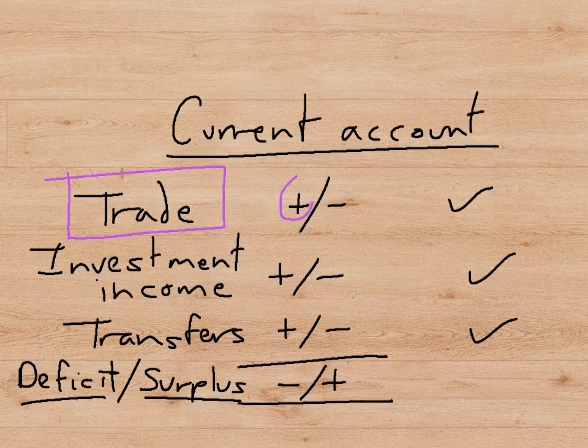If the trade is plus, then the overall current account is almost certainly going to be plus. If the trade is minus, the overall current account is almost certainly going to be minus. So trade flows have the biggest influence on the overall sign of the current account.